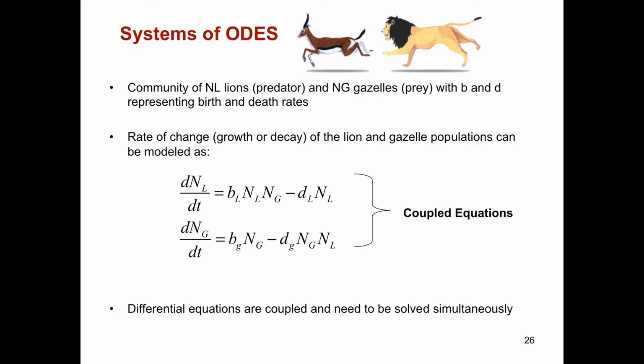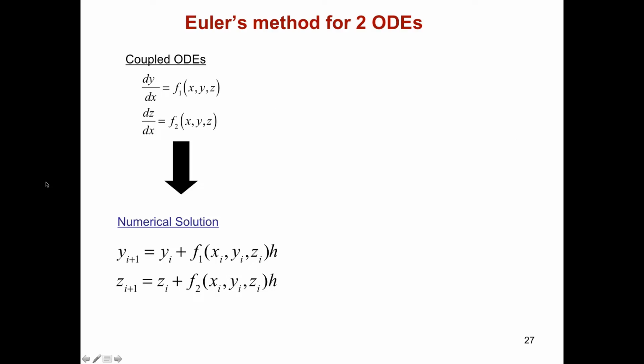Now how do I discretize them? Formally, this is saying that my dy/dx is some function of x, y, and z, and my dz/dx is also some function of x, y, and z, a different function. So the way I would discretize this, at every step, I'm going to solve for two.